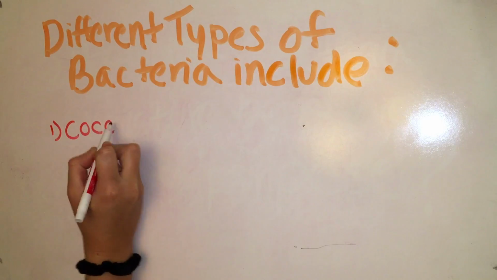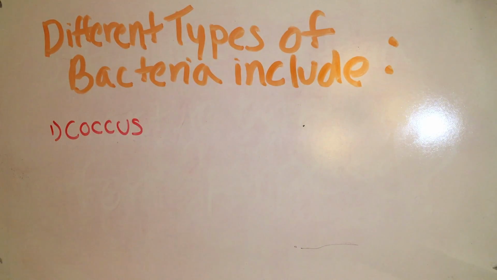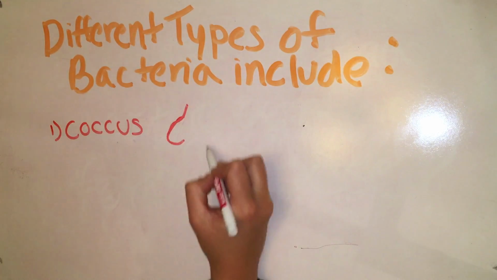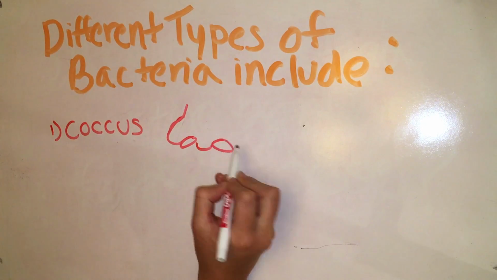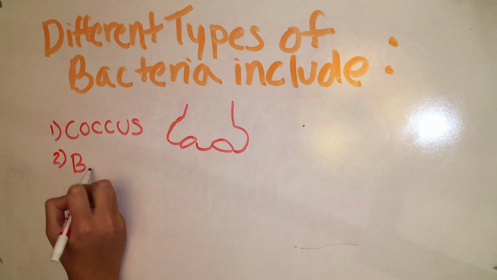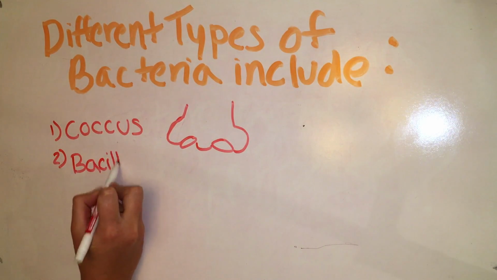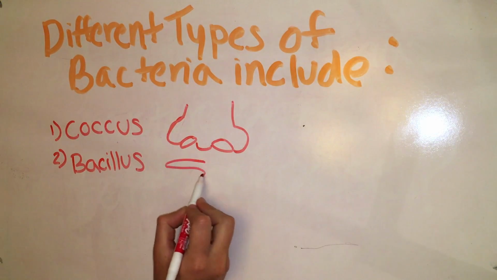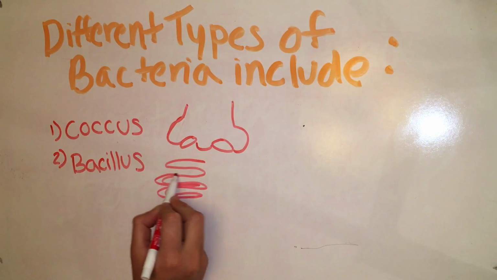Coccus is also known to cause the formation of boils on humans. Next, we have bacillus. Bacillus bacteria makes its home in the human body's intestinal tract. And while harmless at home, bacillus is known to be extremely dangerous outside of the intestinal tract. Bacillus has been a weapon used for bioterrorism.